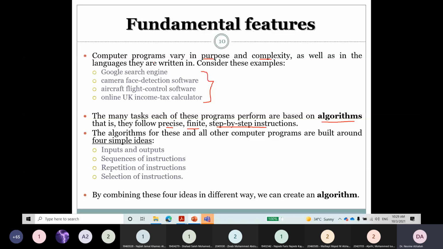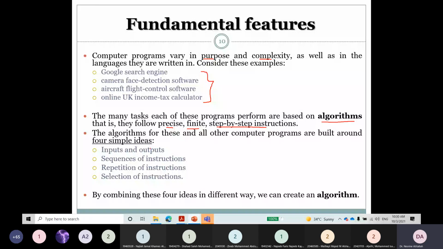The algorithms for these and all other computer programs are built around 4 simple ideas. You need to understand these ideas. First, you need to define your inputs and your outputs. For each program you will have input and output.